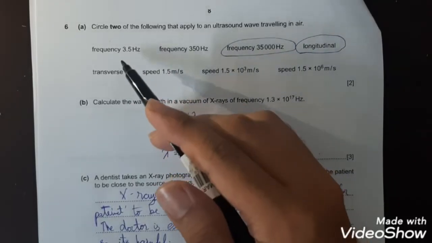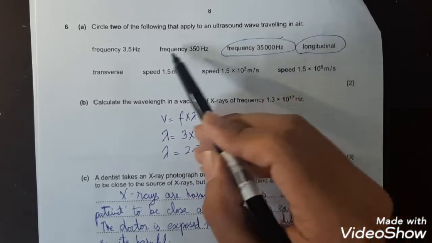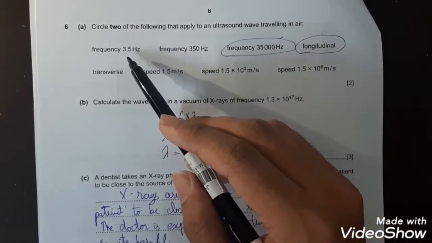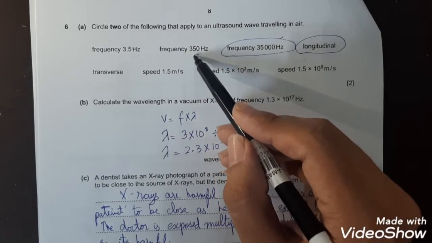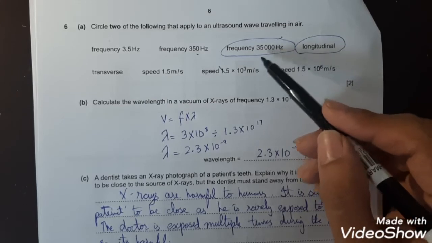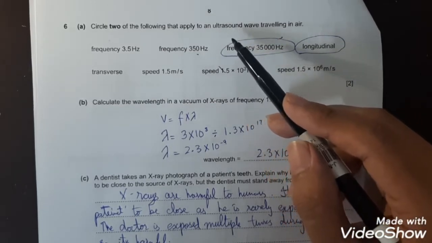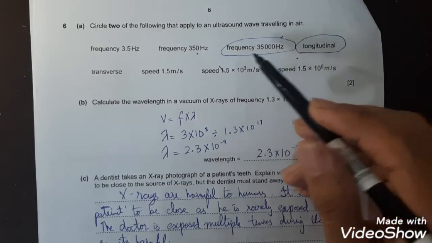Question 6a states circle 2 of the following that applies to an ultrasound wave traveling in air. So we have frequency 3.5 Hz, which is wrong. Then second is frequency 350 Hz, which is also wrong. Whereas frequency 35,000 Hz is correct because it applies to an ultrasound wave traveling in air. Then it is a longitudinal wave. Yes, this is correct.